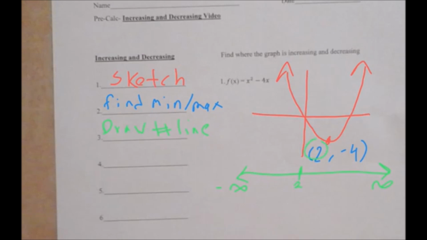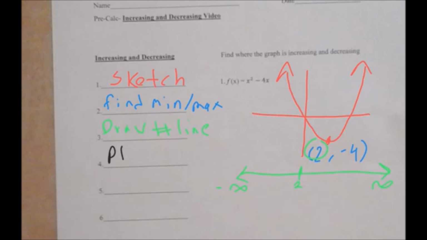Remember, we're taking our x value and putting it on the number line. So I skipped ahead, and our fourth step is to put our x values on the number line. Plot the x values of the minimum or maximum on the number line.